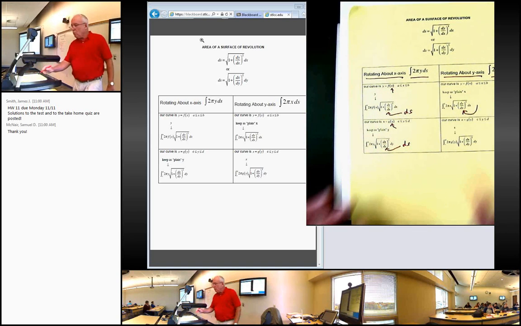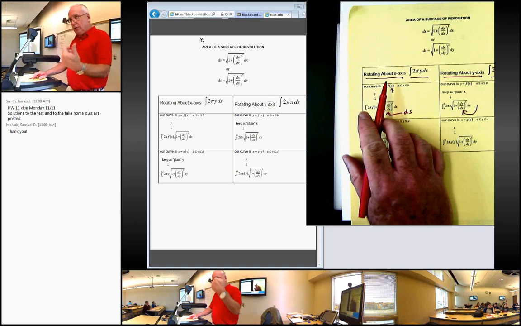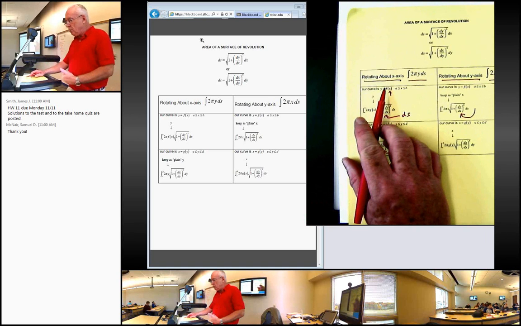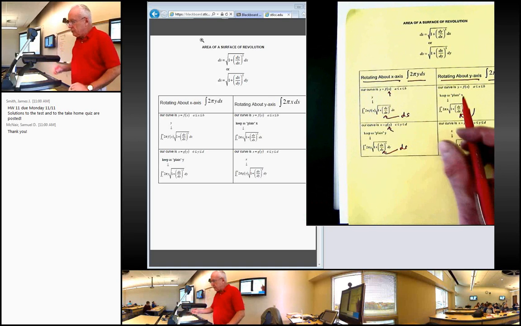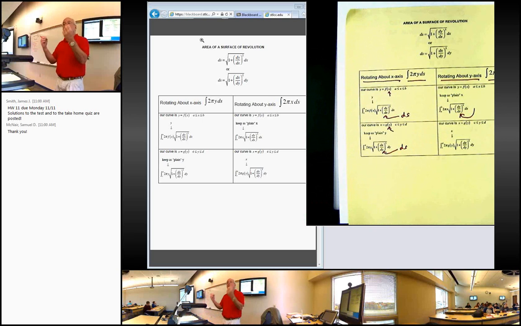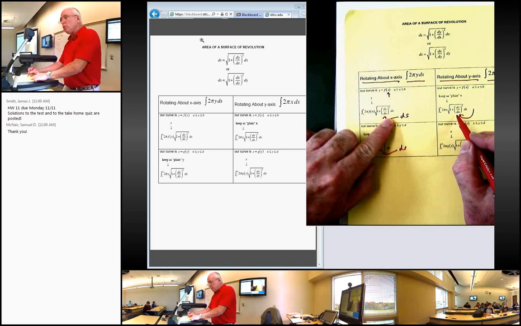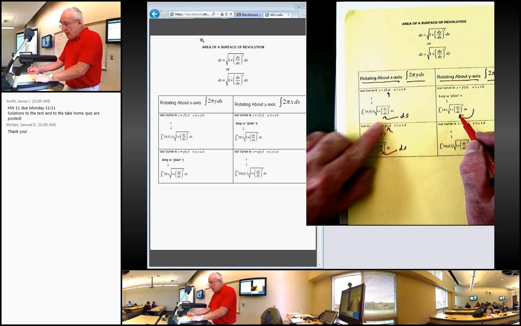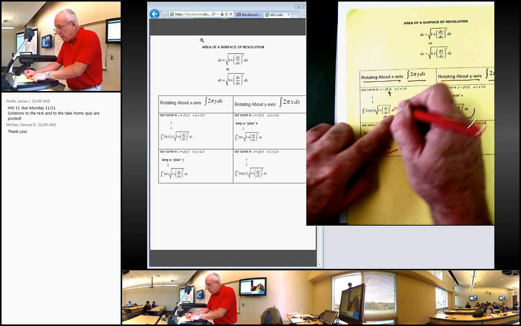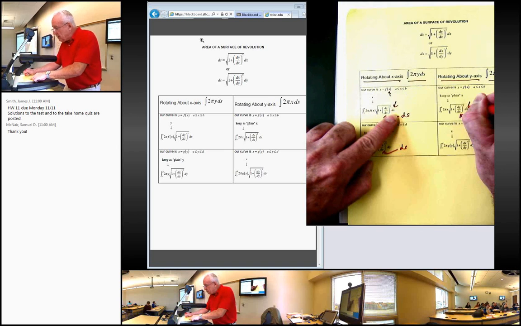In the first case I gave, we're rotating about the x-axis. Here we're rotating about the y-axis. But in both cases, y is given as a function of x. So when y is given as a function of x, first of all, we use this formula for ds. This is an integral with respect to x, right? It's dx.